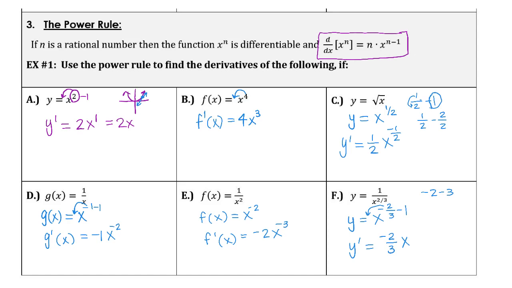Which that's just going to be negative 5 back over 3, and you just leave it.